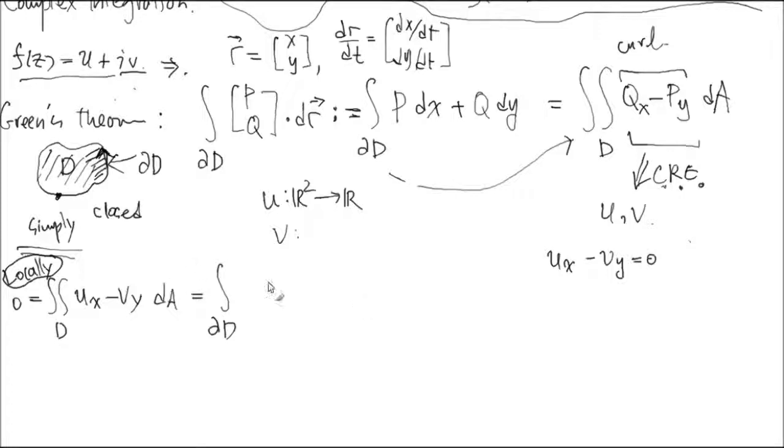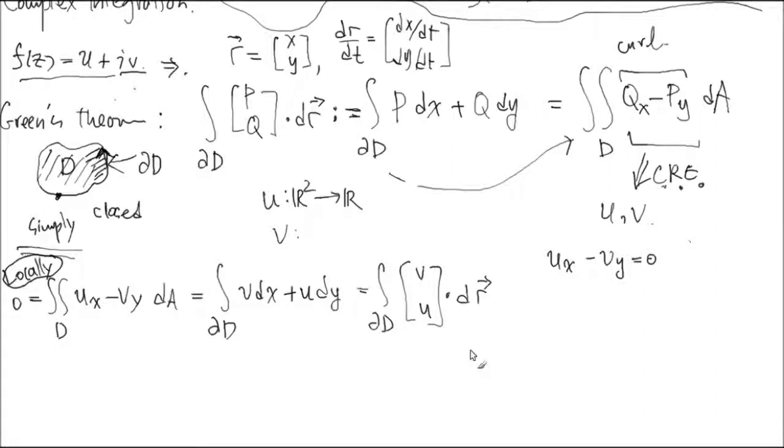This was a Q and P, so swap it back. And then V goes in there, dx plus U goes into dy, right? And that's going to be 0. So that's going to be the vector field, V up there, U down there, dot dr. And that's going to be 0.